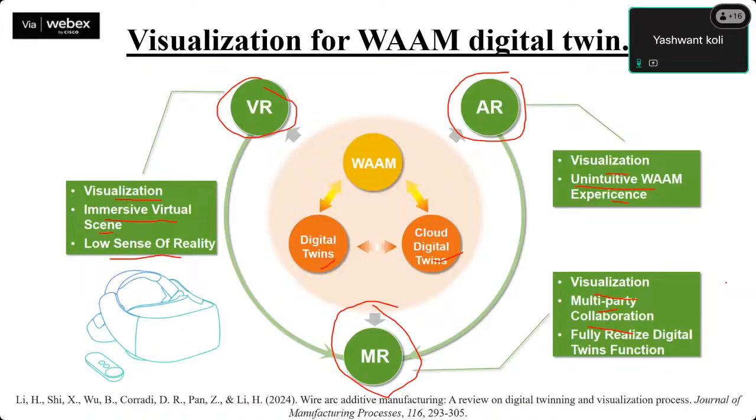The limitations of traditional methods are that the conventional visualization tools we are already using lack portability and interactivity. Advanced visualization through VR, AR, MR is required to fully represent WAM digital twins. The traditional visualization lacks portability, so on-site visualization is not possible.